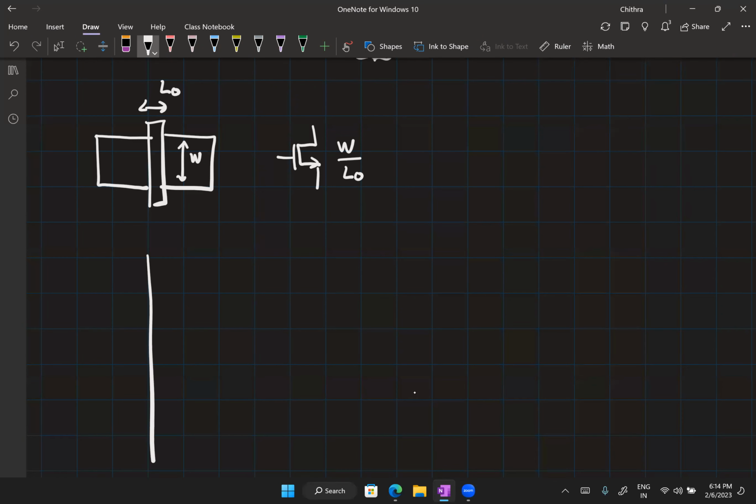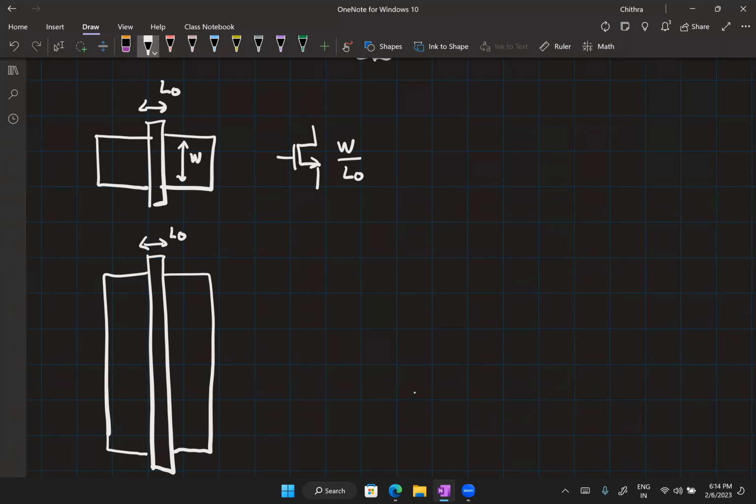Now I take another transistor. This has the same length L0, but its width is much larger. Let's say the width is N times W. So I'm looking at another transistor with NW times L0.